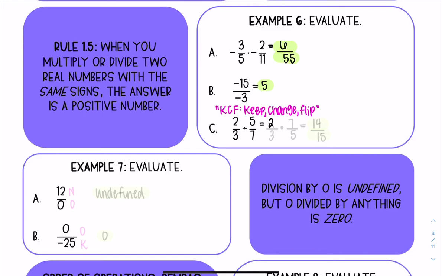So 2/3 is not going to change. We change that division sign in the middle to multiplication, and we flip the second fraction. So now it's going to be 2/3 times 7/5. And then we're just going to multiply like normal. We've got 2 times 7, which is 14, and then 3 times 5, which is 15.